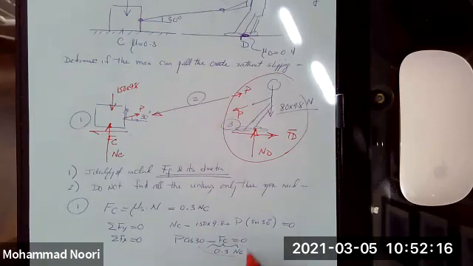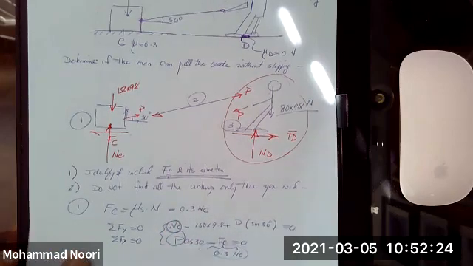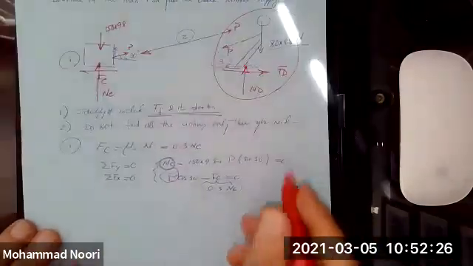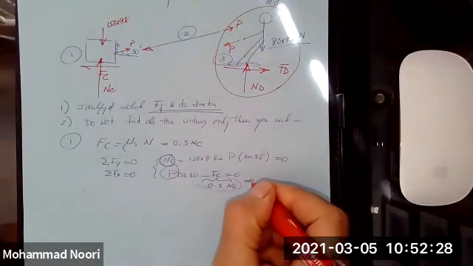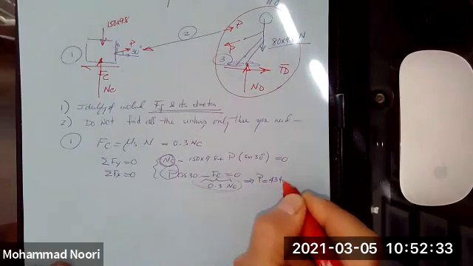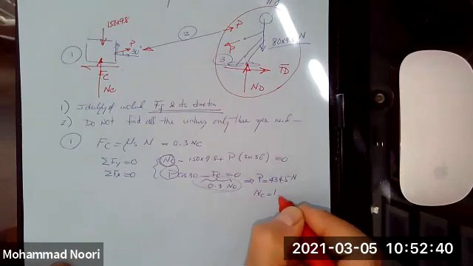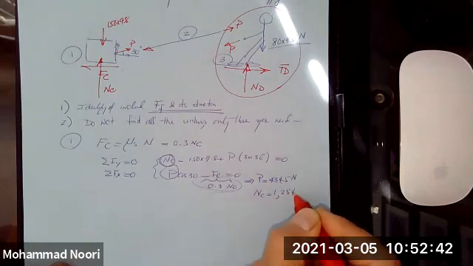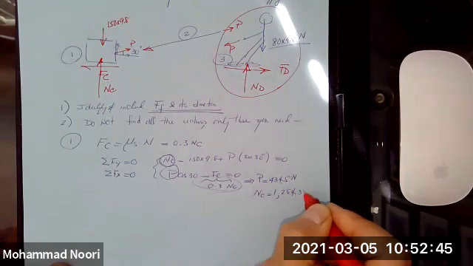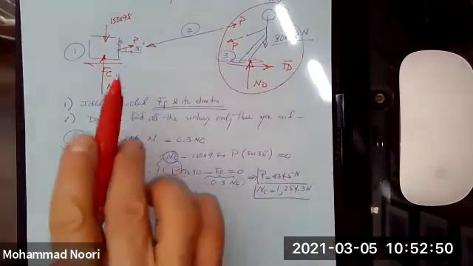So you have two equations, two unknowns, Nc and P. If you solve for them, P comes out to be 434.5 Newton, and Nc will come out to be 1,254.3 Newton from free body diagram number 1.